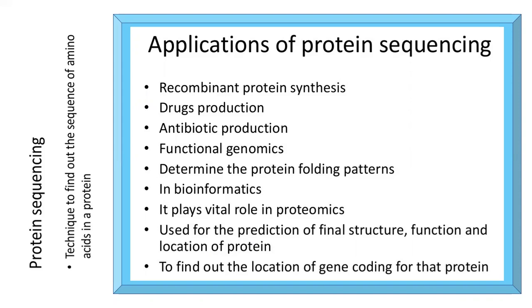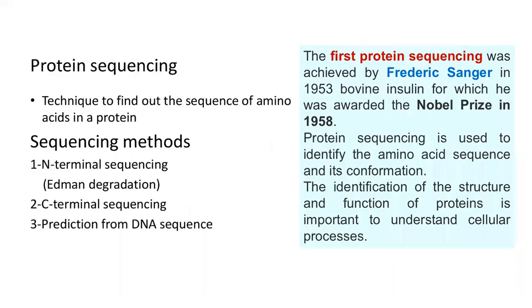So making drugs which could combat all these microorganisms or microbial toxins, understanding the structure and sequences of these proteins could help us to elucidate more effective drugs, as well as in antibiotic production and recombinant protein synthesis. So the applications of protein sequencing are very vast. Let's check out how exactly we can find the sequence of proteins. There are many different methods for sequencing proteins.